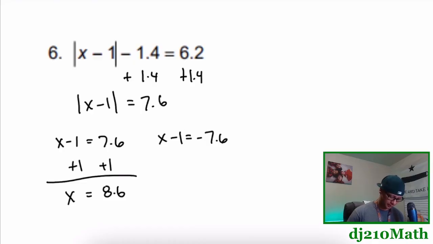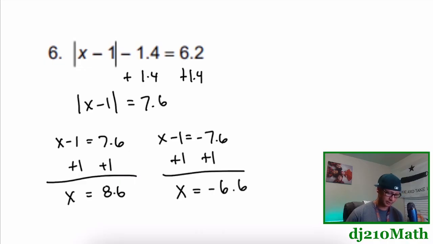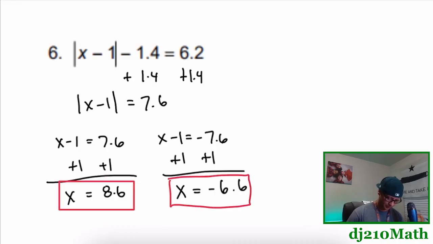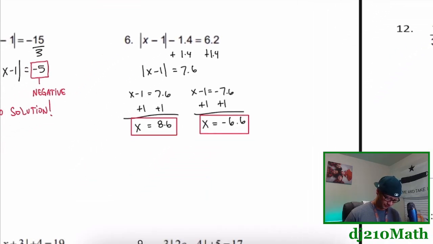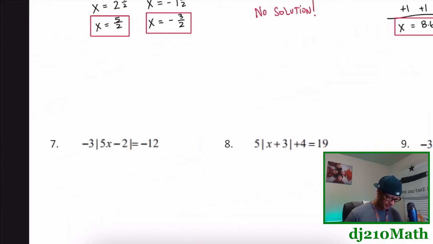On the right, again adding 1 to both sides, we get x is equal to negative 6.6, negative 7 plus 1. All right, those are the solutions. Number 6 done.